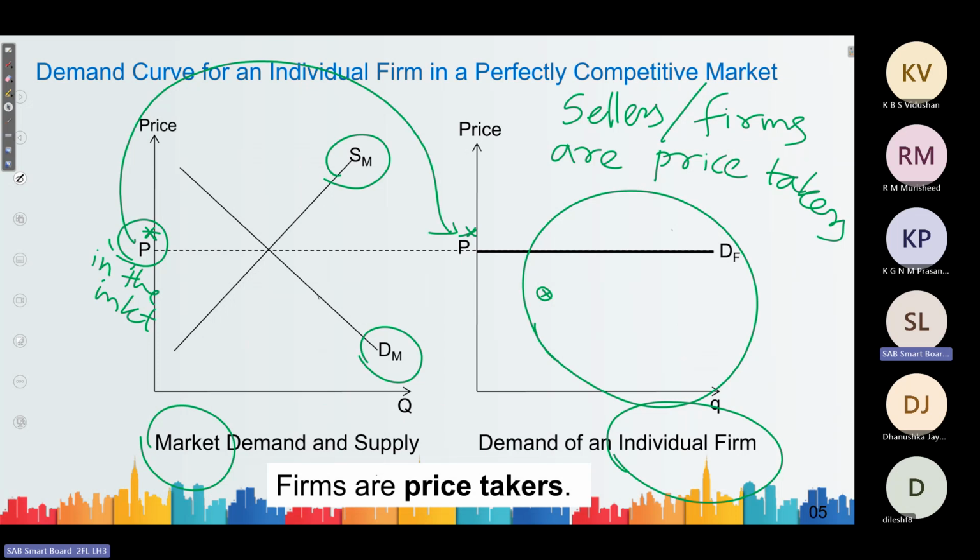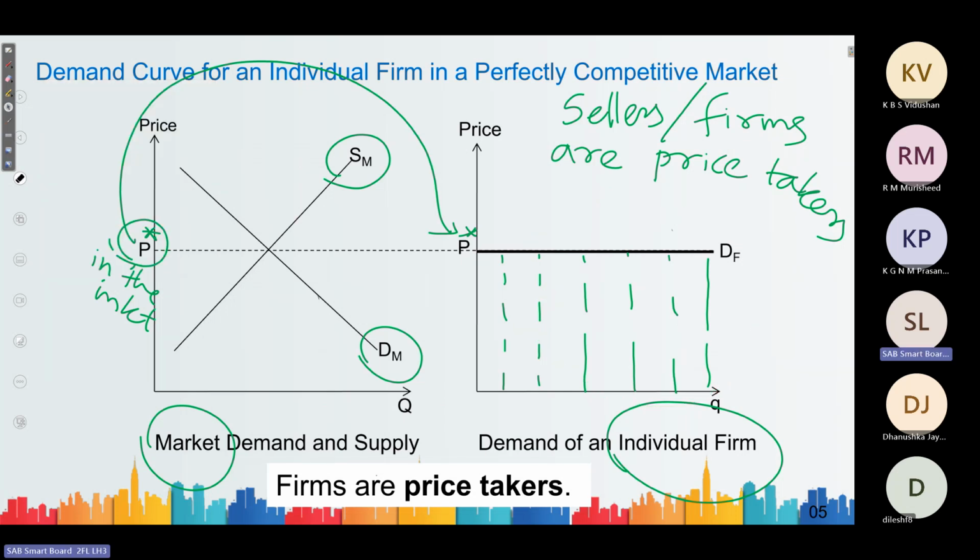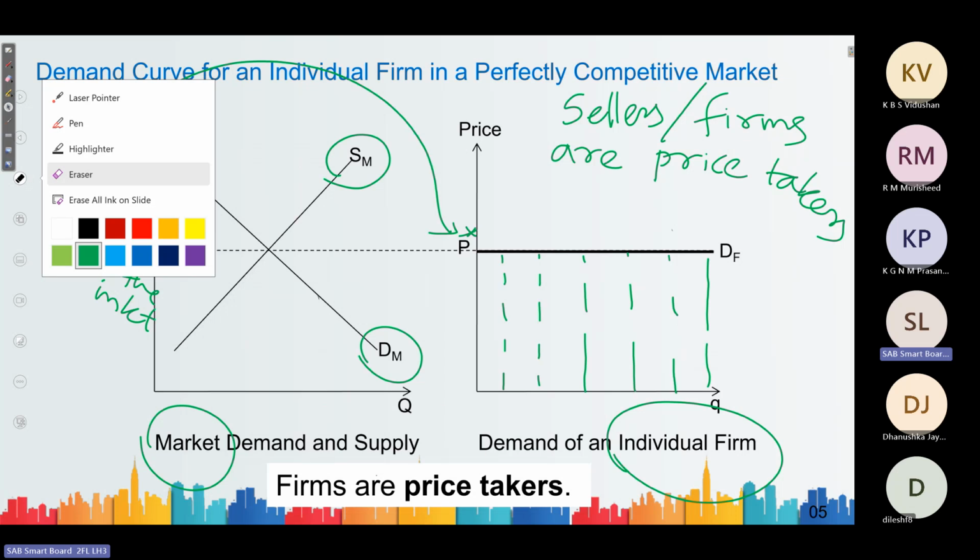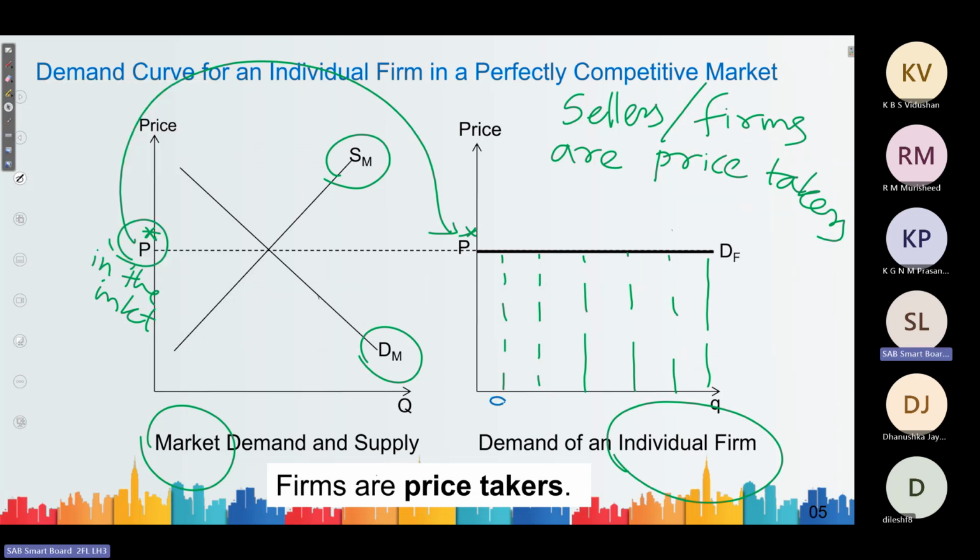At this price, the firm is ready to provide any quantity that they can produce: Q1 or Q2 or Q3 or Q4 or Q5 or Q6.